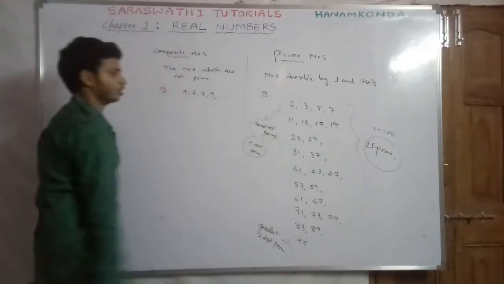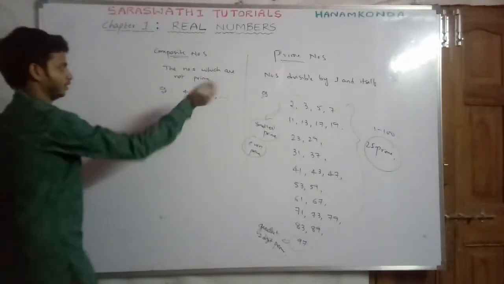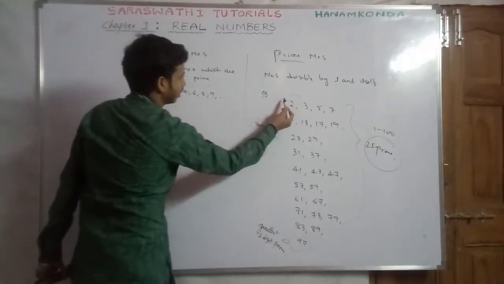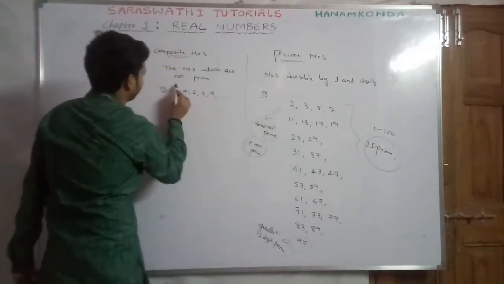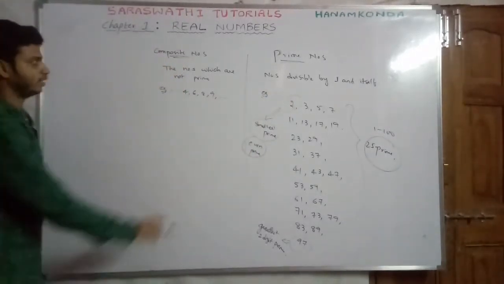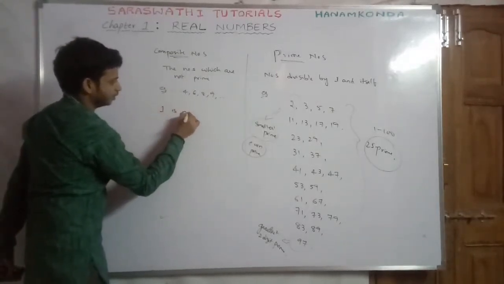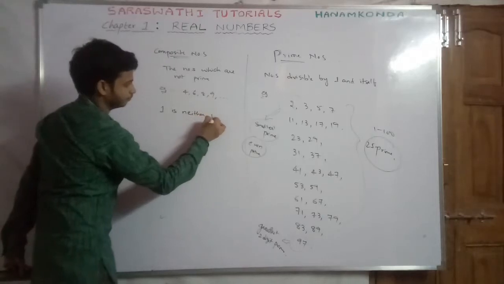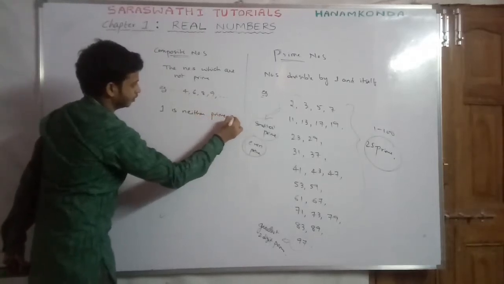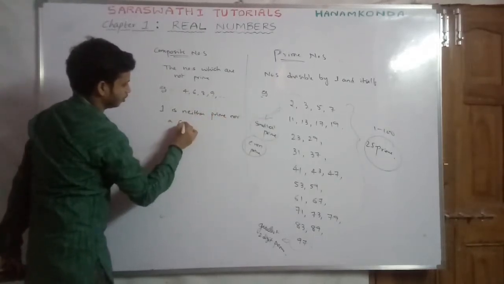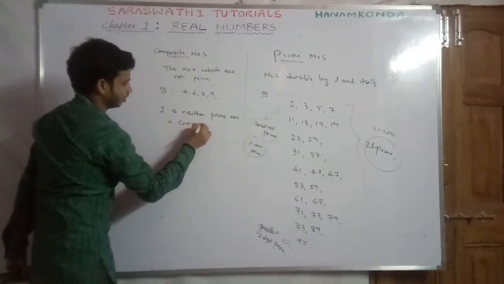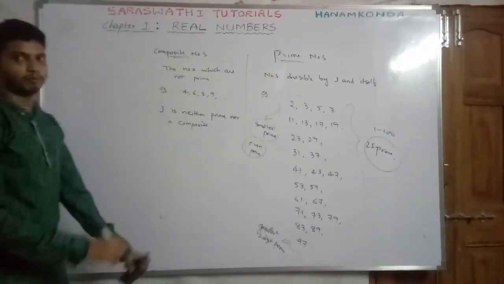If you observe here, 1 is not present in prime numbers and not in composite numbers. So 1 is neither prime nor composite. It is not a prime number, it is not a composite number.